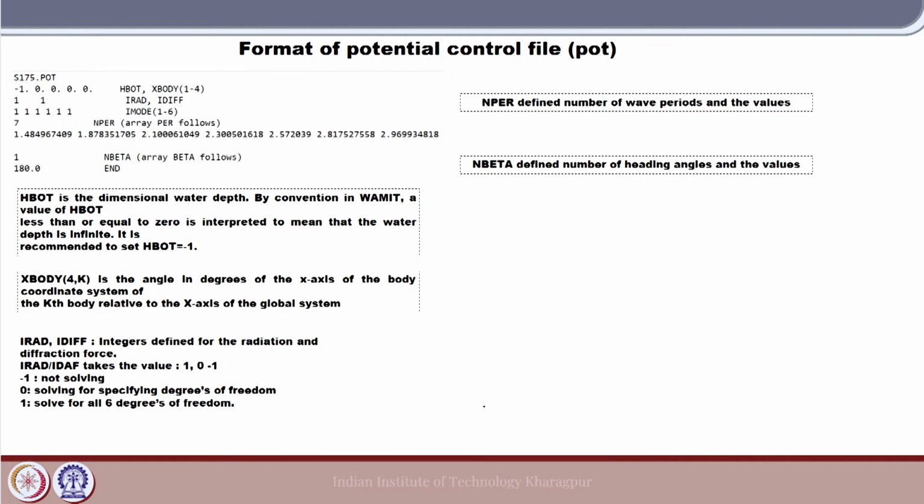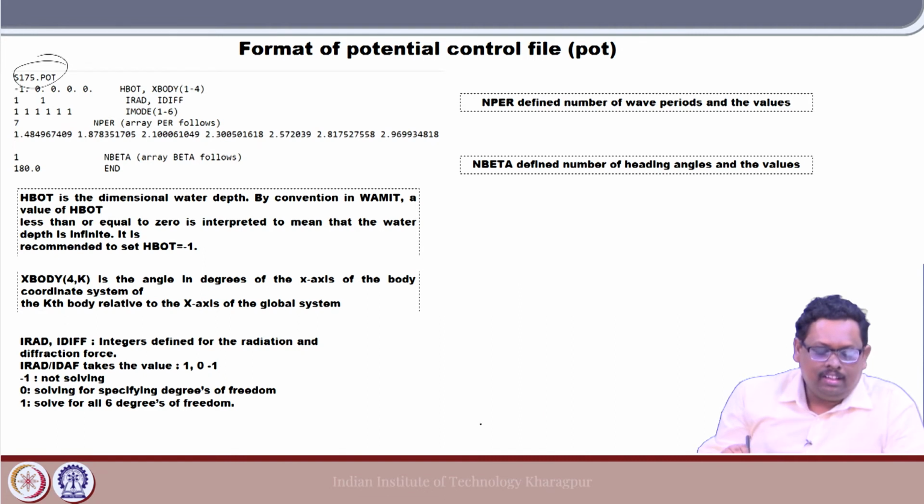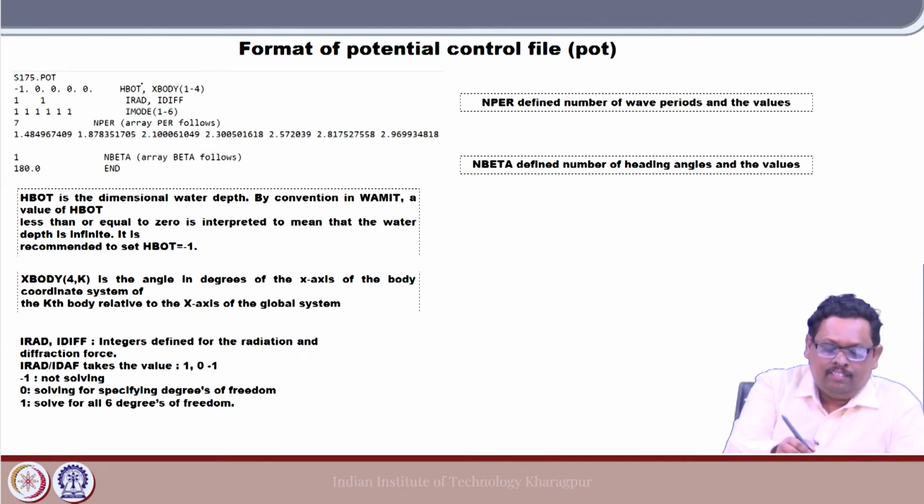So, now this is the potential file. If you look at it, this is the name of the potential file. Now, how you can write the POT file. You can see here I have IPOT and XBODY 1 to 4.